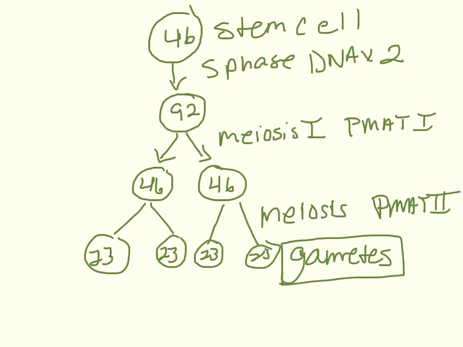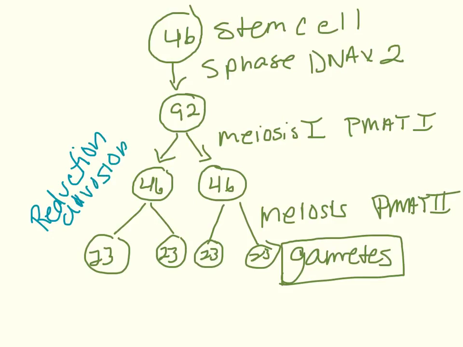And so because we go from 92 all the way down to 23, meiosis is called, instead of just regular division like mitosis, it's called reduction division because we reduce in number. And that's sort of a nice to know, not a need to know.